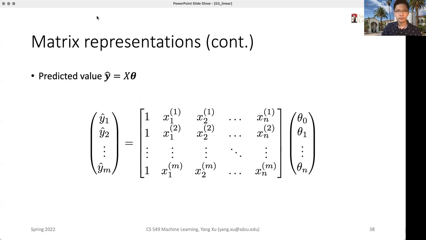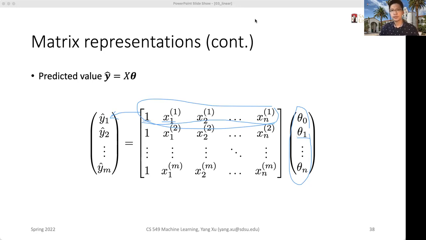We need a refresher of how we compute the matrix multiplications. The first row of the X will be taken to compute the dot product with theta 0 to theta n. That will result in the first y hat. And the dot product will be the product of theta 0 with the 1, plus the product between theta 1 and x1, and so on.